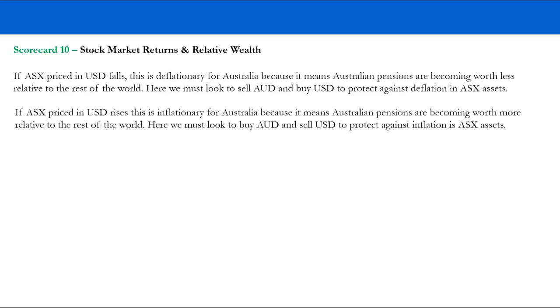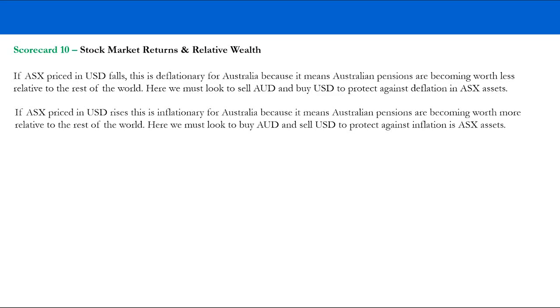So when we see deflation in the Australian stock market priced in US dollars, we need to be looking to short or have a short bias in the Aussie dollar, US dollar exchange rate. And we also seek to do the opposite when we have the opposite situation.